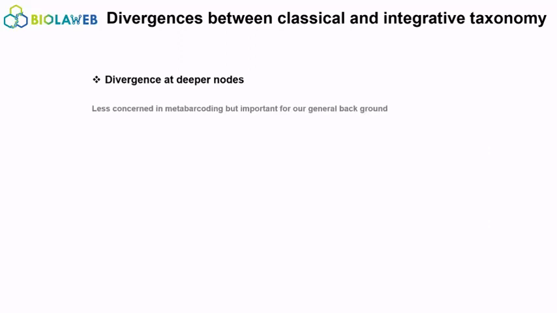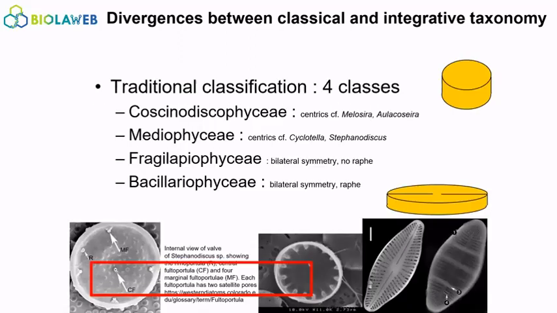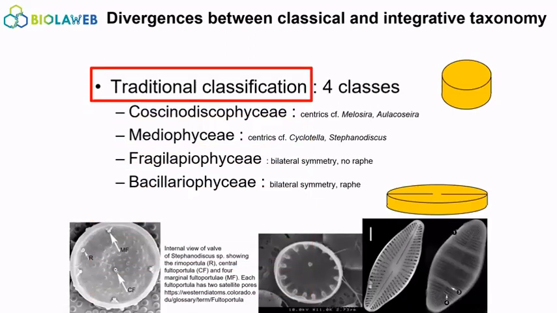Okay. But we also, well, it's less important for metabarcoding, but we also have a divergence between the classical taxonomy that we learned in the book, for instance, of Round, Crawford and Mann, and the more recent results that we have with molecular data. Yesterday I presented you this traditional classification based on these 4 classes.